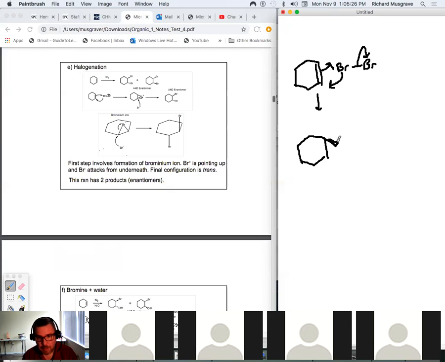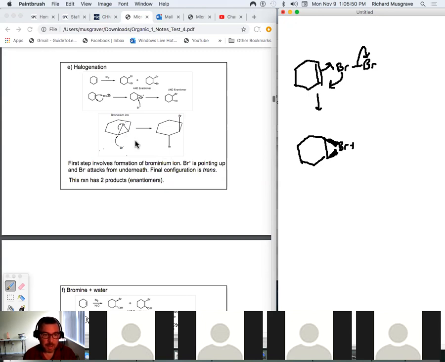And what we end up with is this triangular brominium ion. And you'll notice it has a very specific stereochemistry. I mean, it can be either up or down. But if you look at the side view that I have here, you'll notice I've purposely drawn this Br plus so it sticks up from the ring.